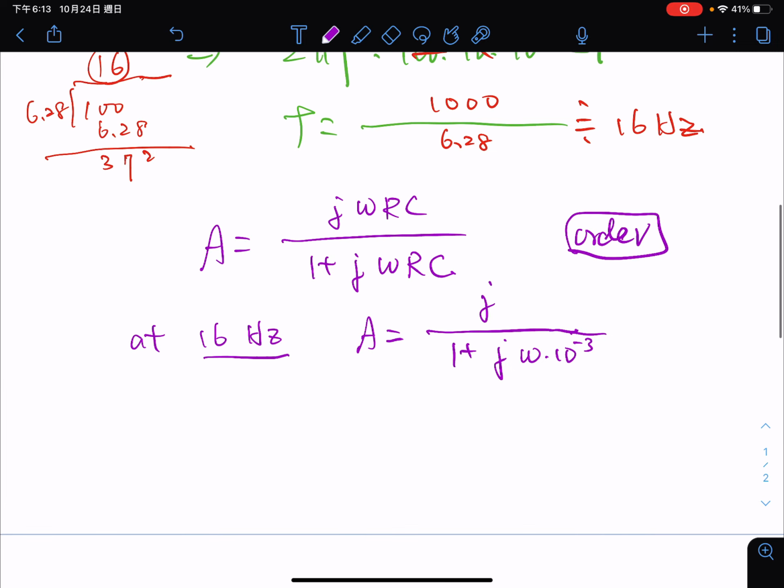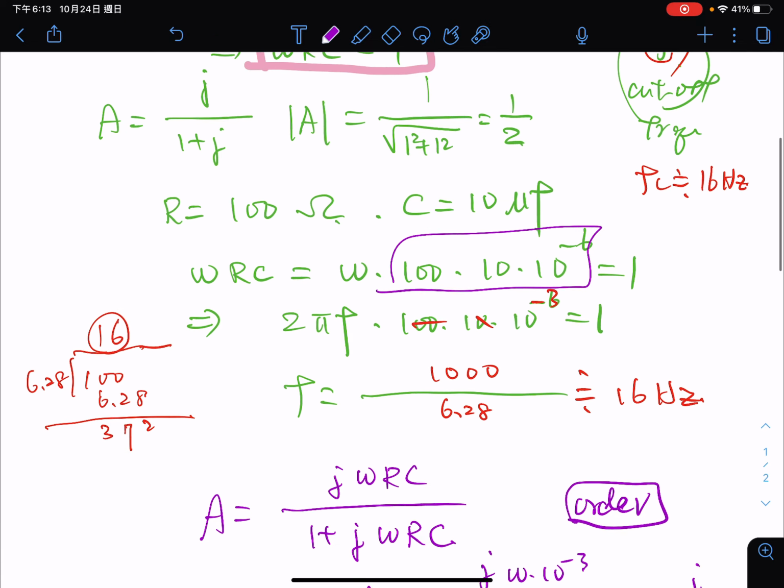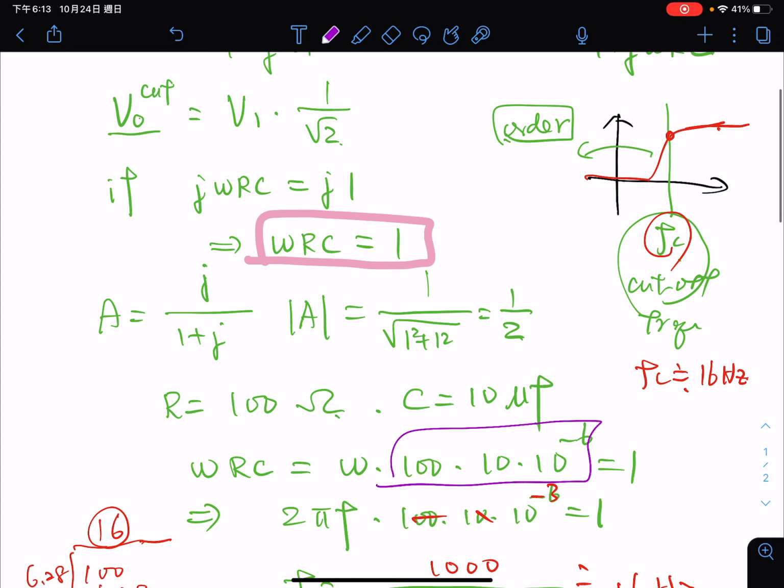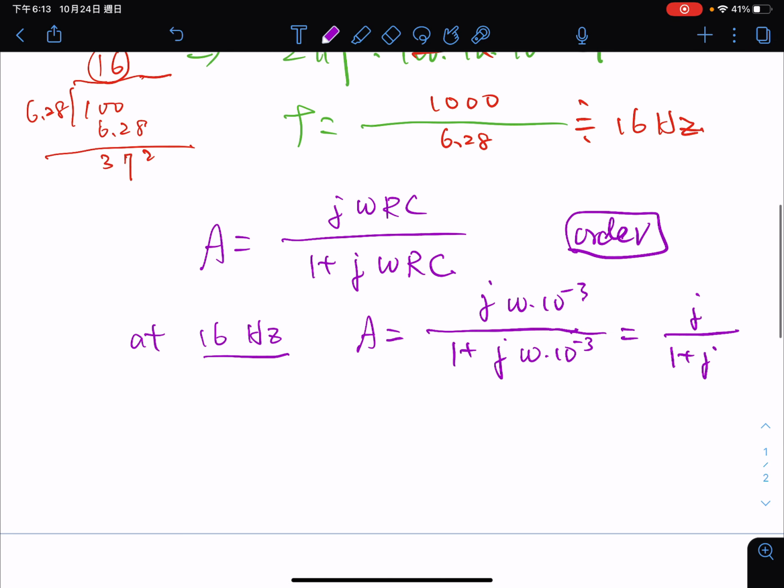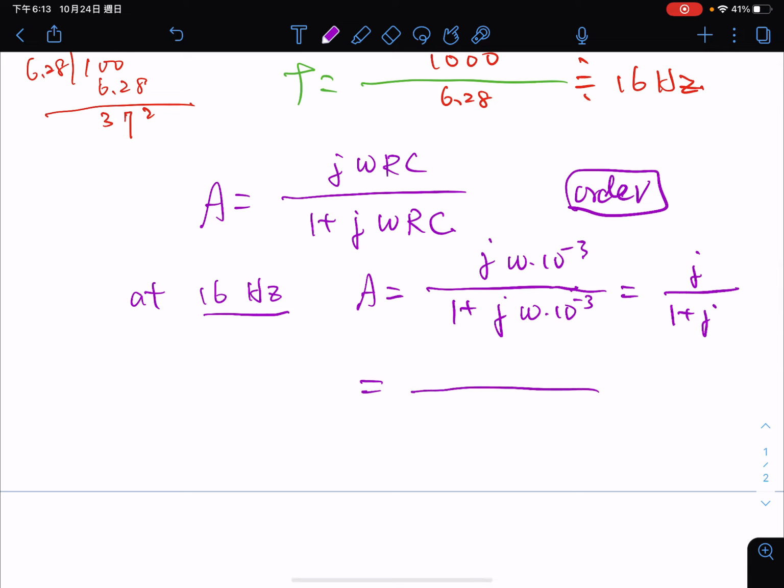But when it is at 16 hertz, it should be J over 1 plus J. So I can just write it here: J times 2 pi 16 10 to the minus 3, over 1 plus J 2 pi 16 10 to the minus 3, right?